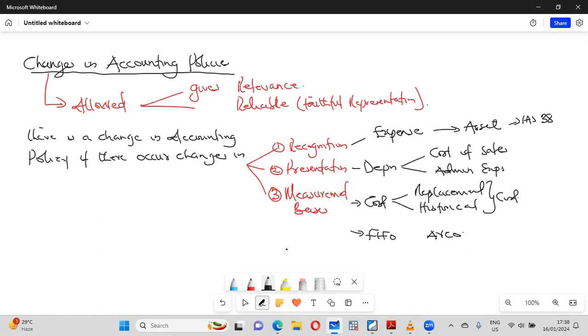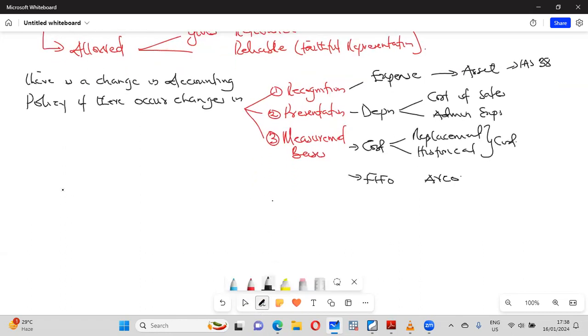And therefore, when we talk about changing policy, the accounting treatment says this is what we can do. What happens? The standard says that, first of all, check the transitional agreement.